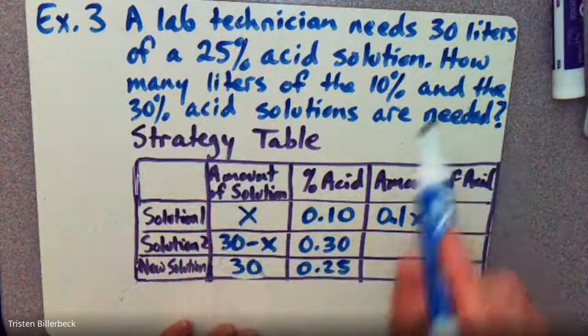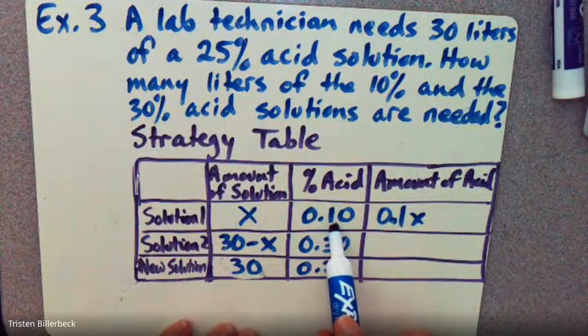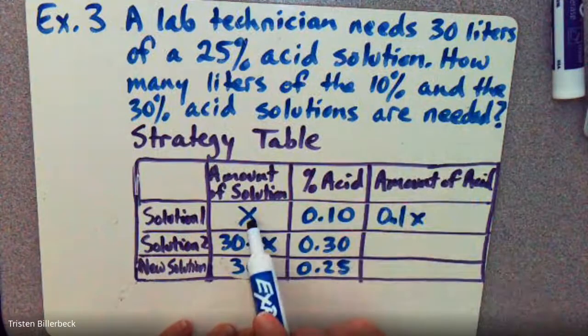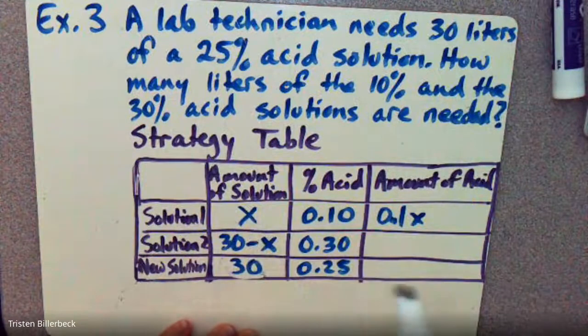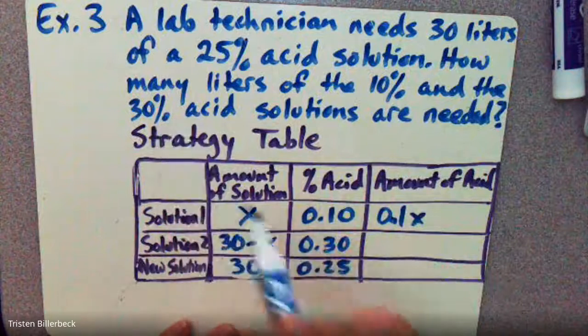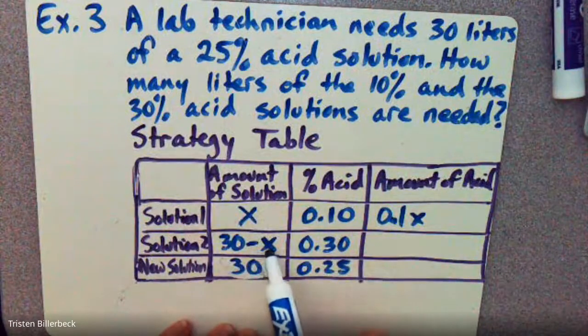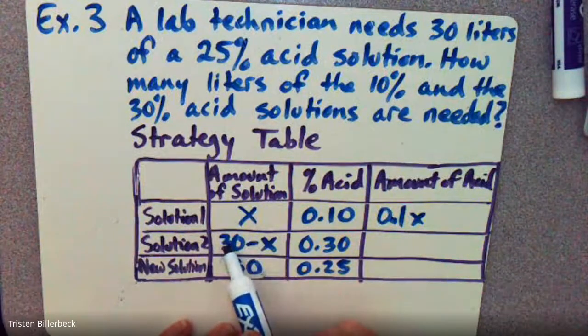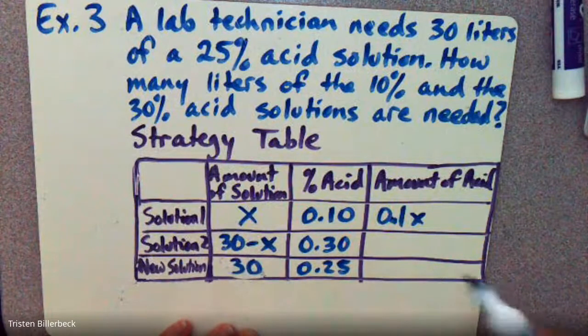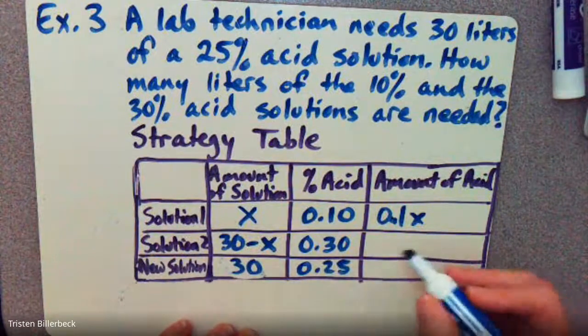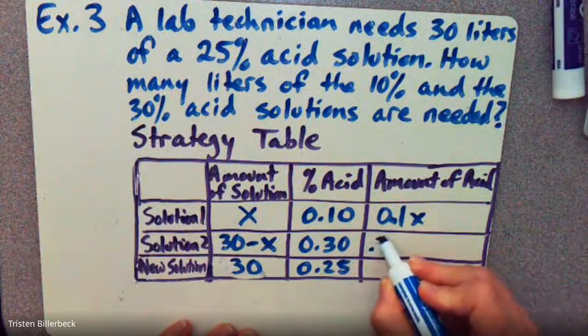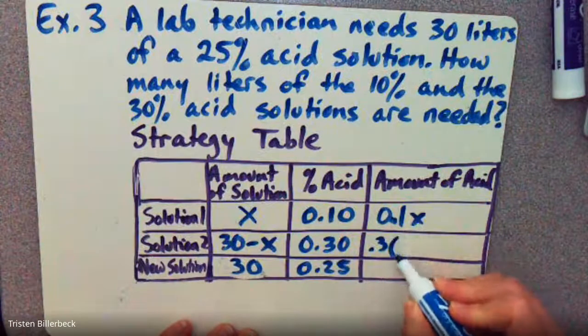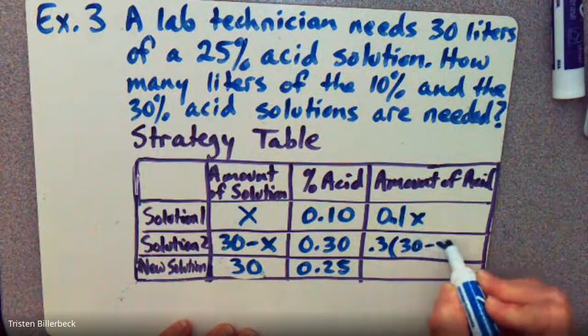So we want 30 liters of 25% solution. And we've got our 10% acid solution. We don't know the quantity, so we wrote x. We have 30% acid solution, and whatever is left after we subtract x from 30 is our 30% acid solution. So we're going to write 0.3 times 30 minus x.